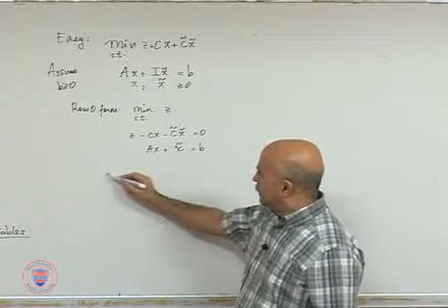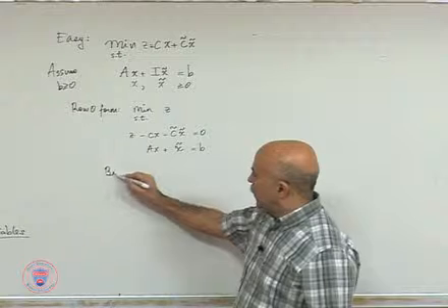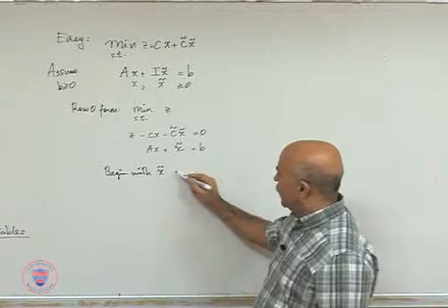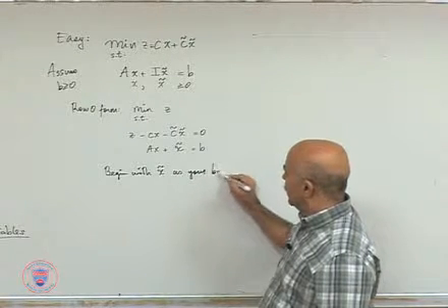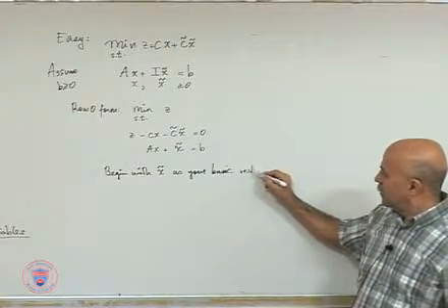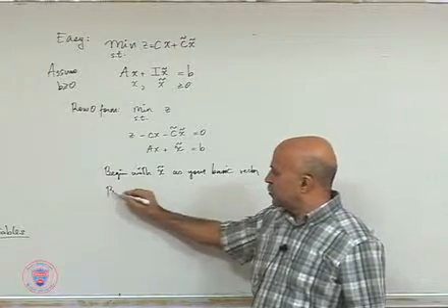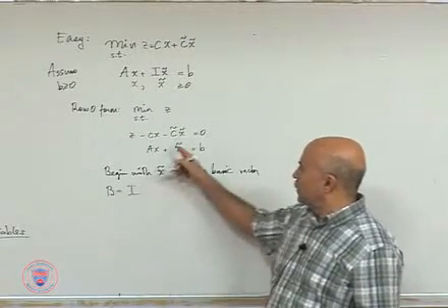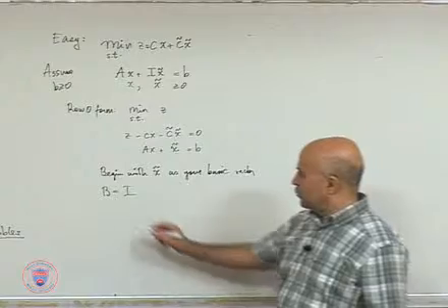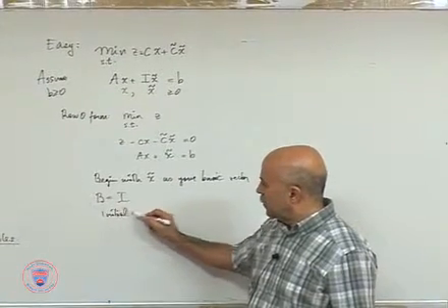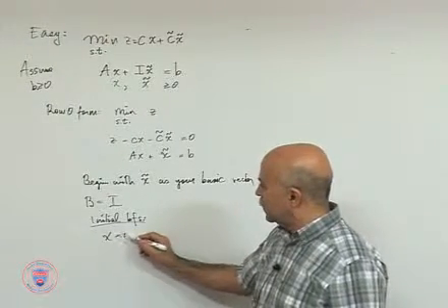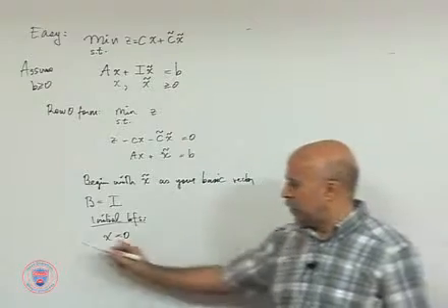In this case, begin again with x tilde as your basic set of variables. Okay? So this corresponds to having a B matrix of identity because x tilde has identity. Okay? What is the initial solution? Well, the initial basic feasible solution is obtained by setting x equals 0. That's the non-basic part.